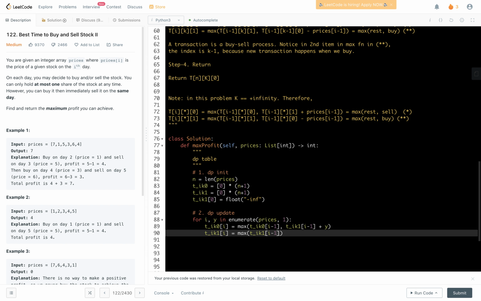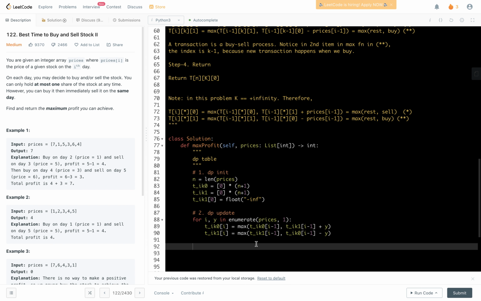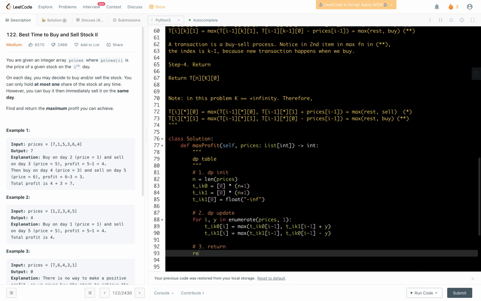Another is for ti k 1 at day i. It's the max of the previous state, that is ti k 1 at i minus 1, and then in this case we can buy a stock, so ti k 0 at i minus 1, and then we're going to minus this y.